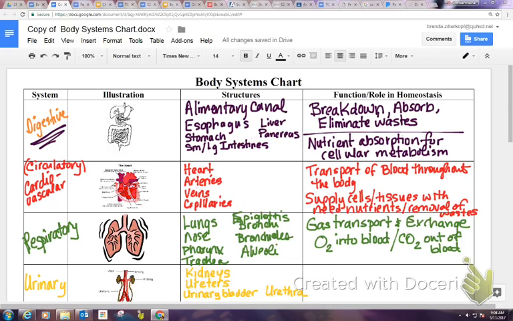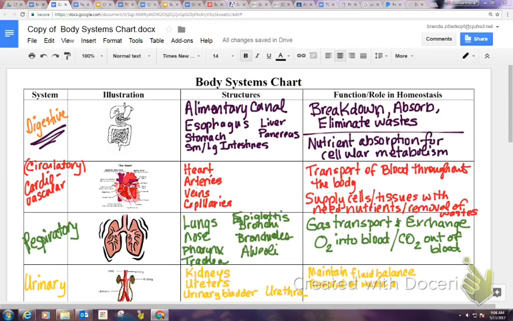Function. Okay, the function of the urinary system is to maintain fluid balance and removal of waste products.